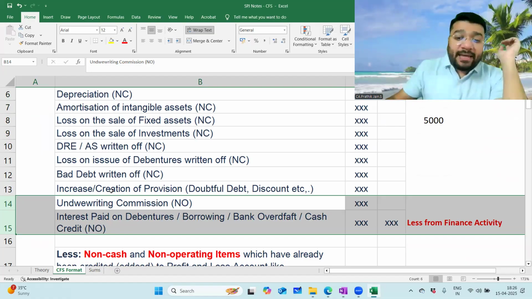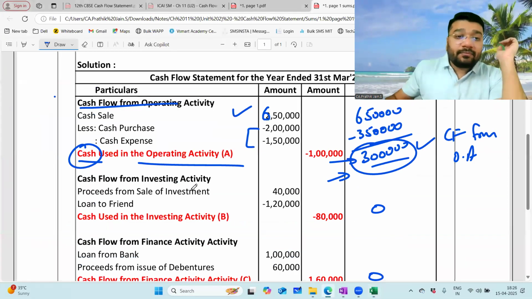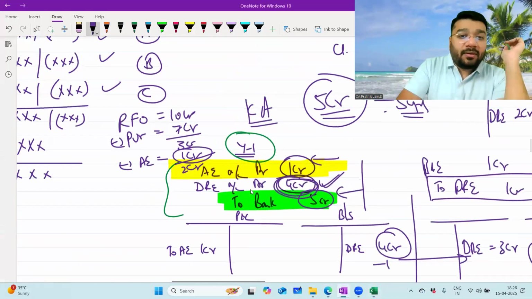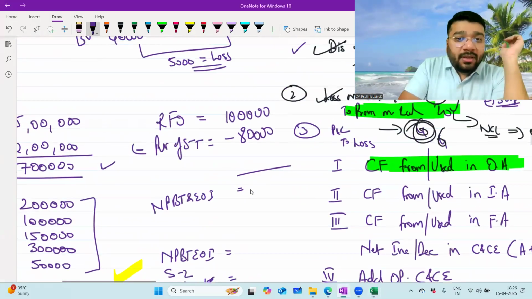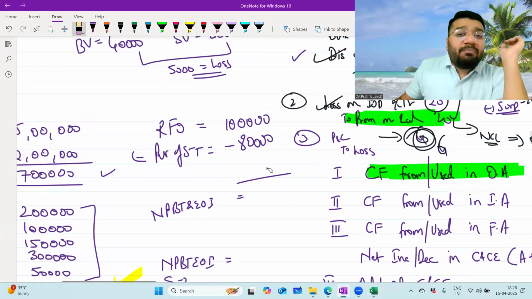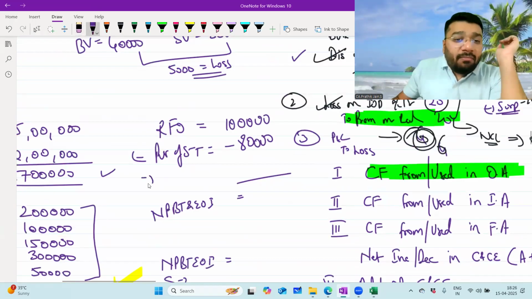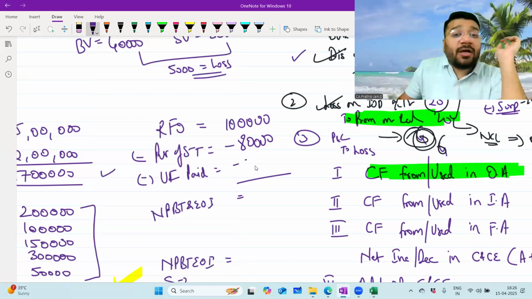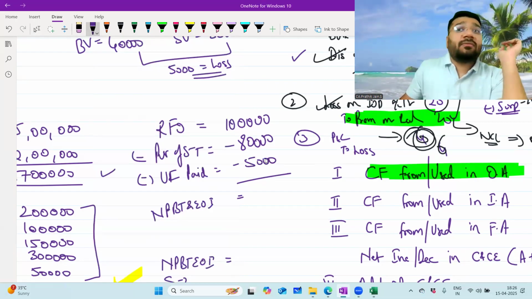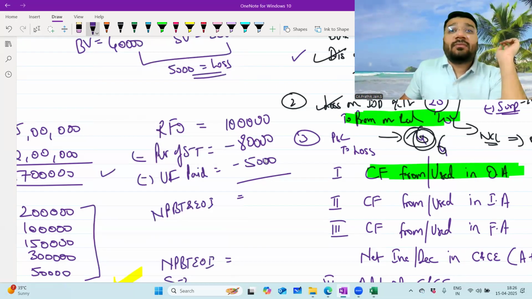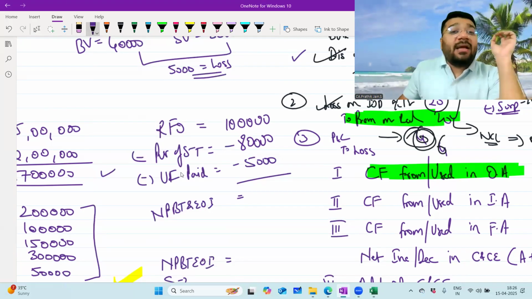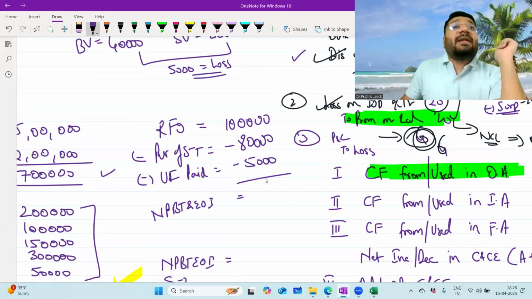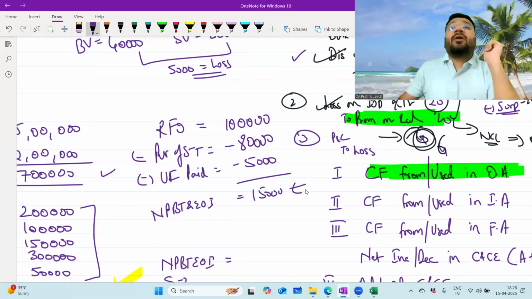So now coming back to my example. Revenue from operations 1 lakh. Purchase of stock in trade 80,000, minus underwriting commission paid in the finance cost, 5,000 rupees. Now, what is the balance money in hand? 15,000. Is this cash profit or not?